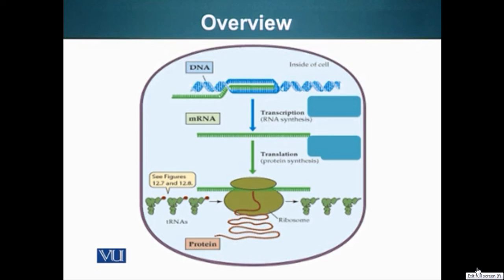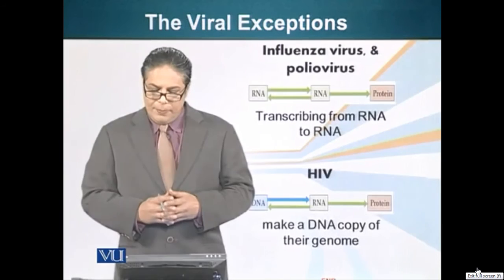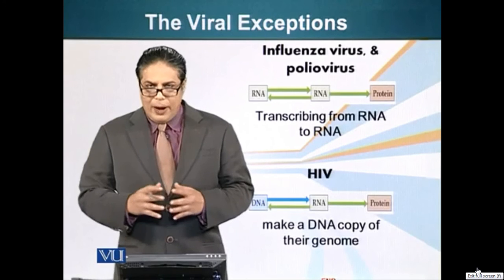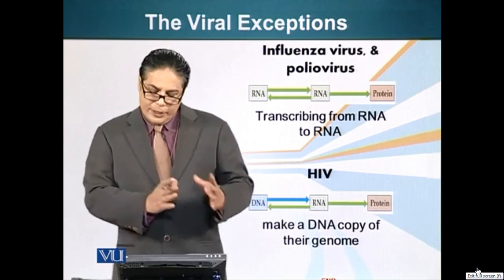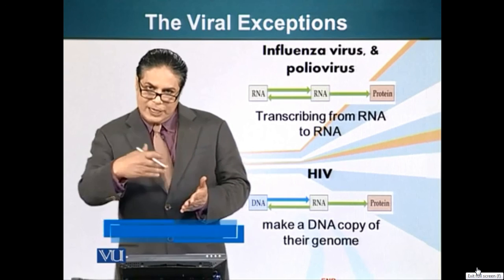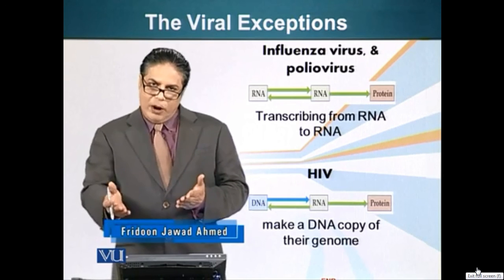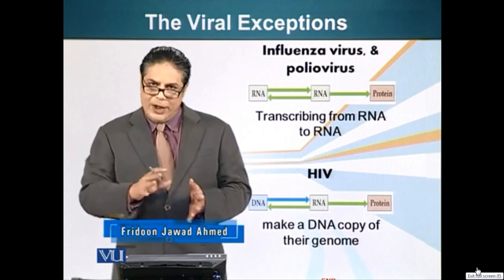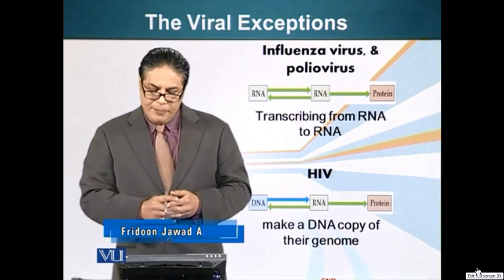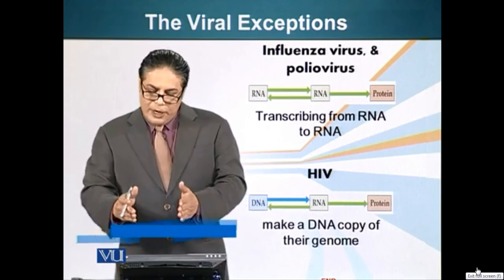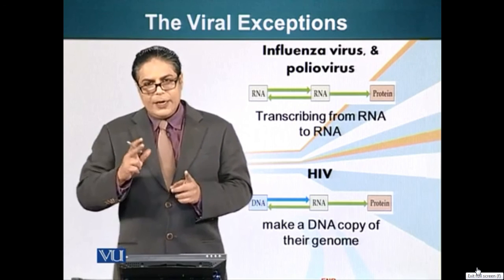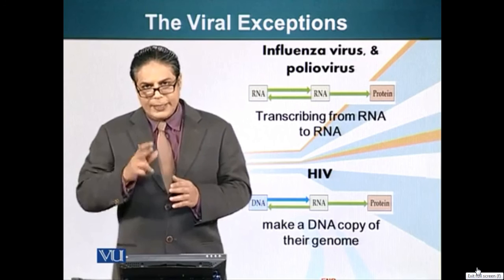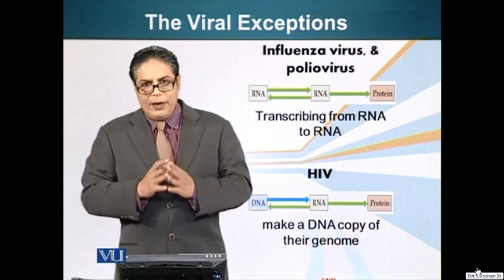Here I feel it pertinent to mention the exceptions to the central dogma. There are viruses that are exceptions to that rule, DNA containing information, that information getting converted into RNA and ultimately being translated into protein. For example, influenza and poliovirus, their genetic material is not DNA, it is an RNA molecule.